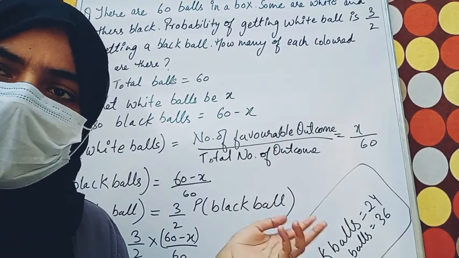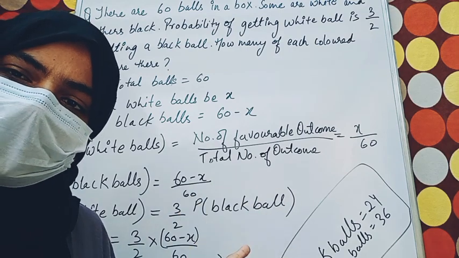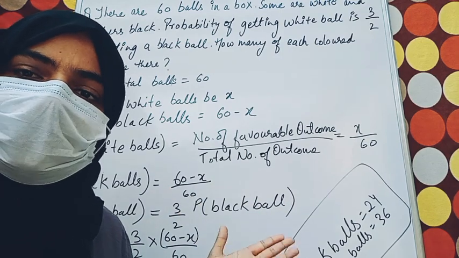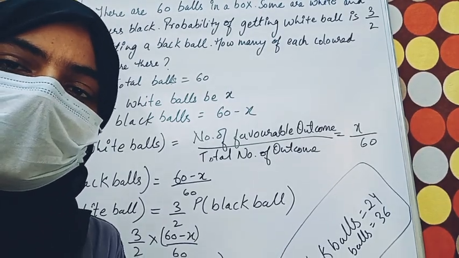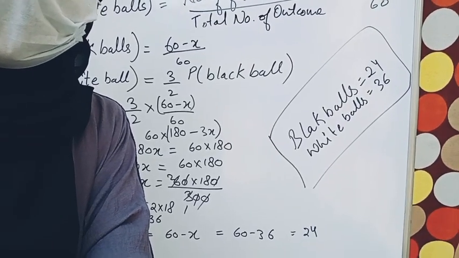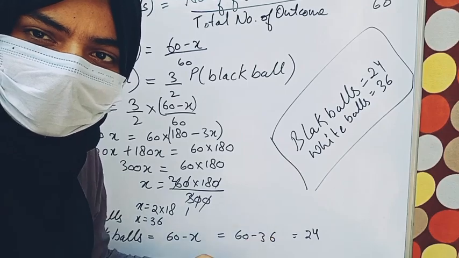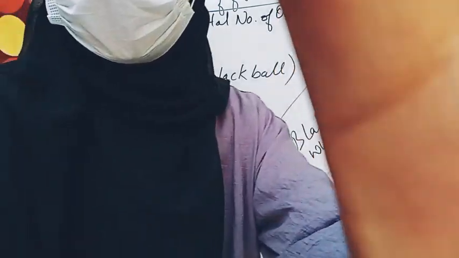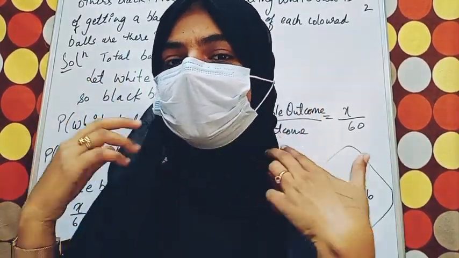Then we made the probabilities of white balls and black balls, applied the condition provided in the question, and found the value of x. Here we found the black balls and white balls according to our condition. I hope the process and the understanding of probability is becoming clearer to you all.